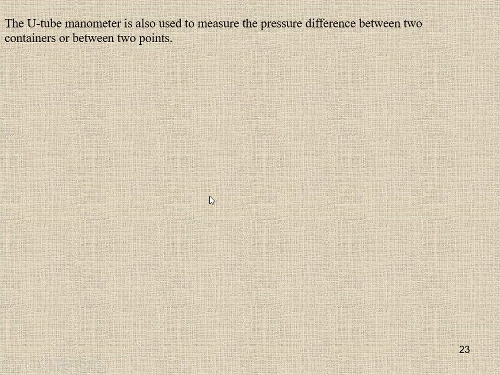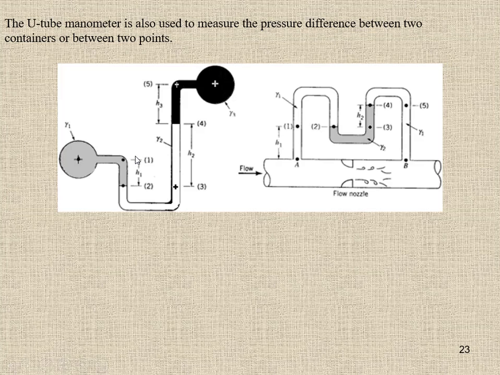Now the U-tube manometer is also used to measure the pressure difference between two containers or between two points. So it doesn't only measure the pressure at a point, it also measures the pressure difference. For example, if you want to know the pressure difference between two containers, or between two points, it is a very important application in the field.